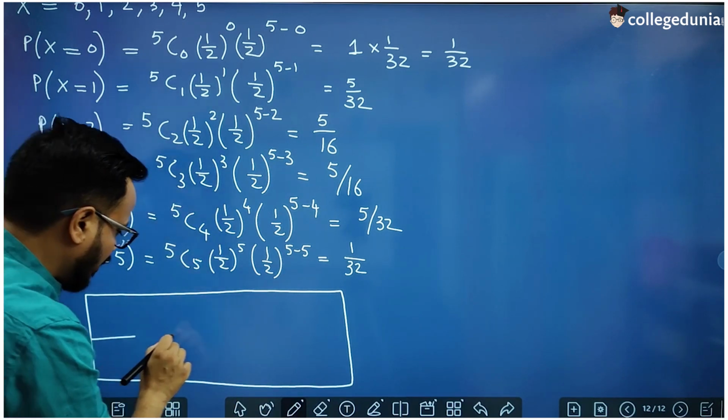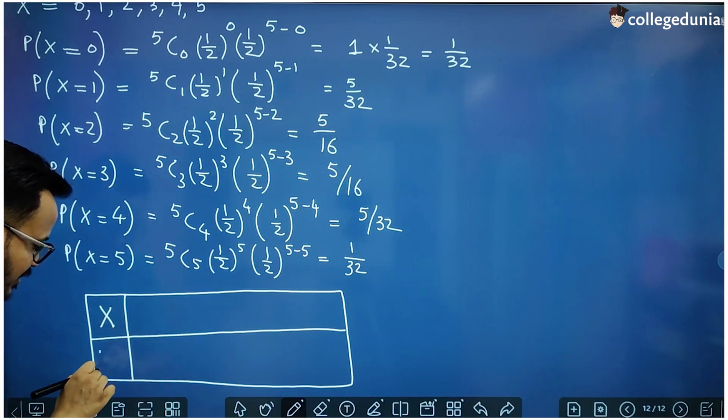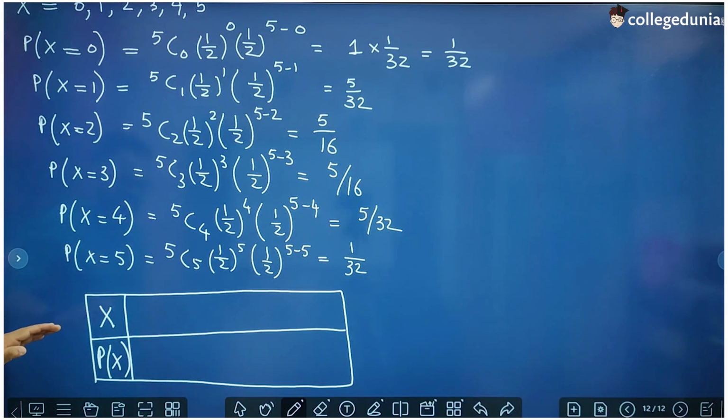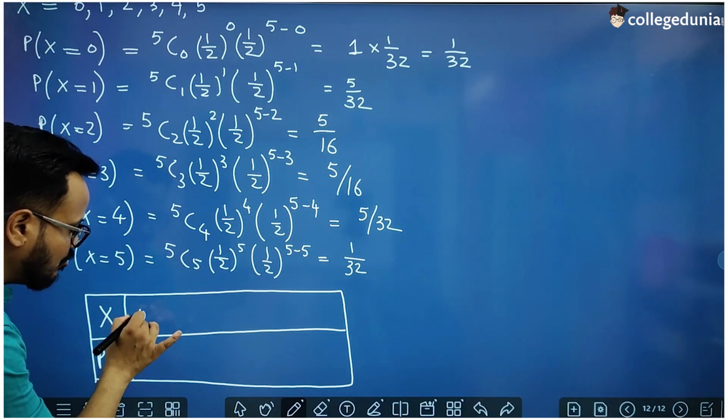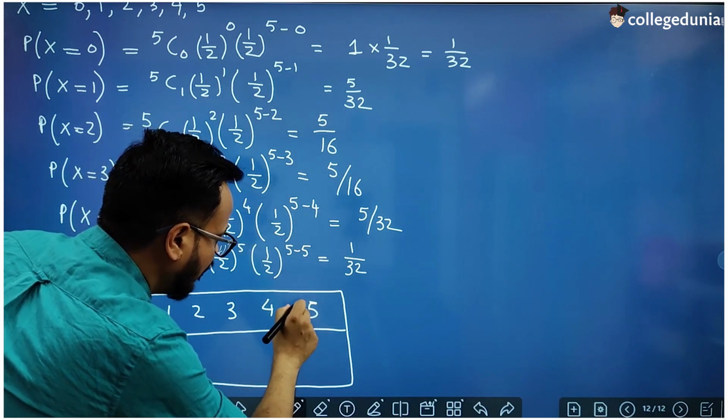Okay, now divide it into 2 rows. In the first row of the first column you are going to write x, and in the second row of the first column P(x). So what are the values of x? x has values 0, 1, 2, 3, 4 and 5.